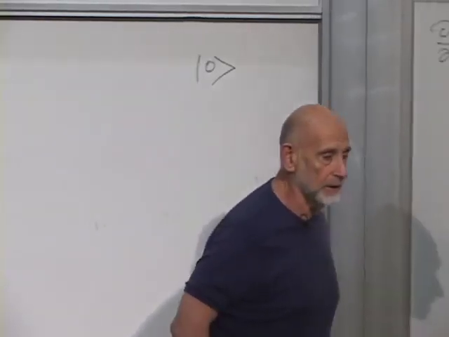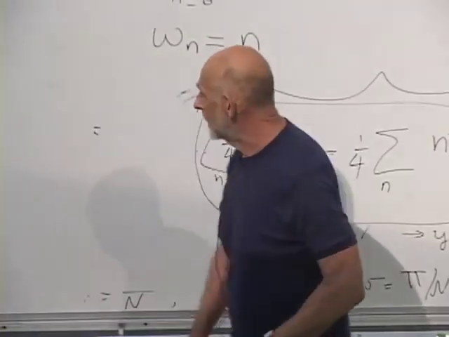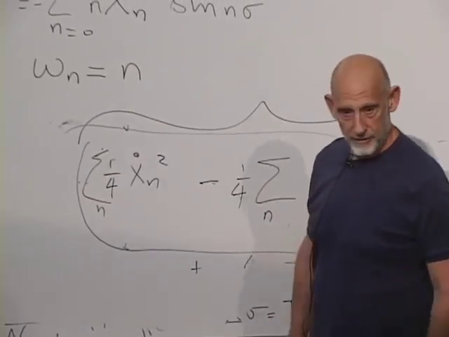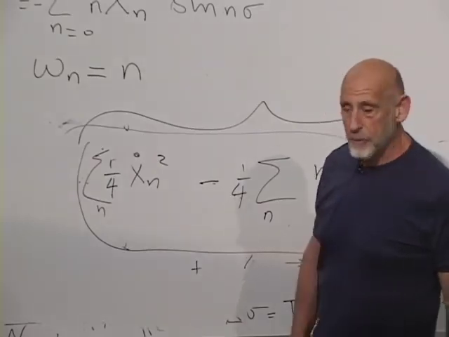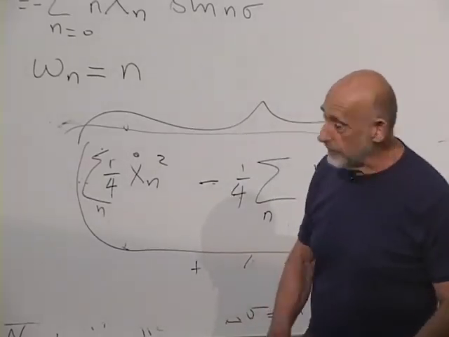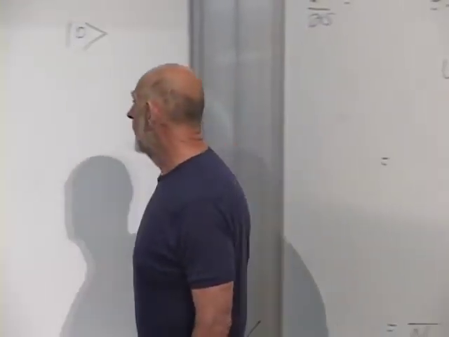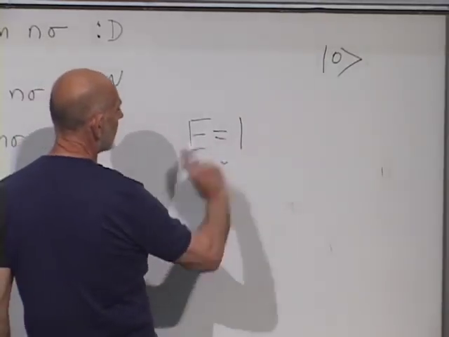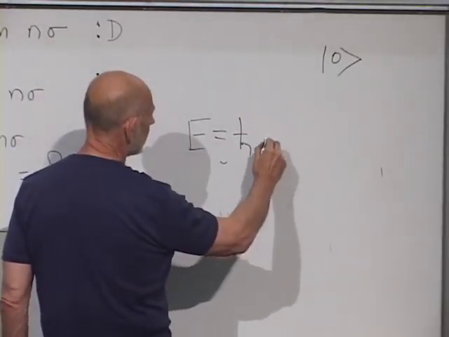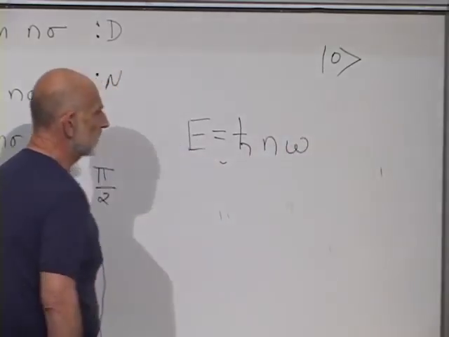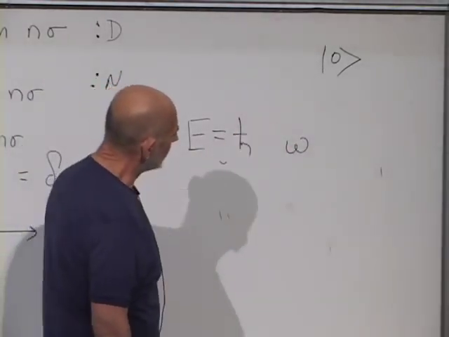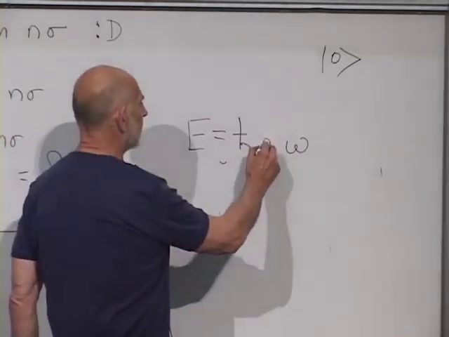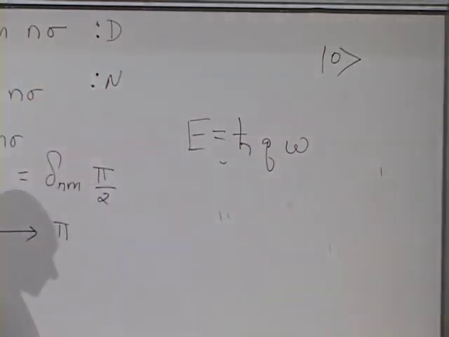All right, what's the first excited state? The first excited state you can create by creating 1 unit of x energy. How much does that correspond to? It corresponds to the frequency. Remember, the energy levels, I should write down a formula. The energy of a harmonic oscillator is equal to Q h bar omega, where Q is the number of quanta. It's an integer.